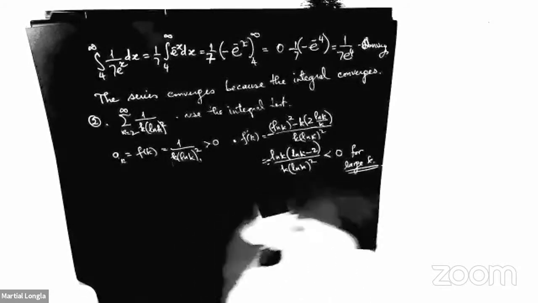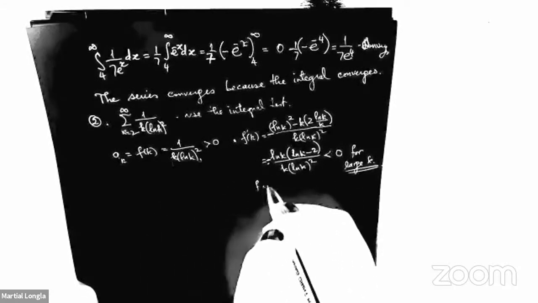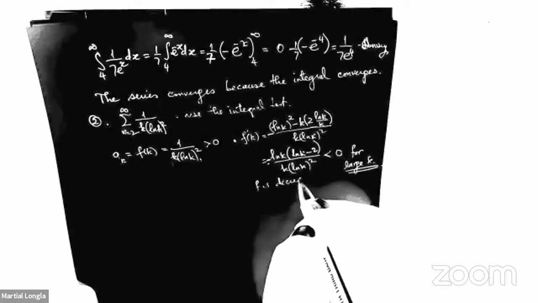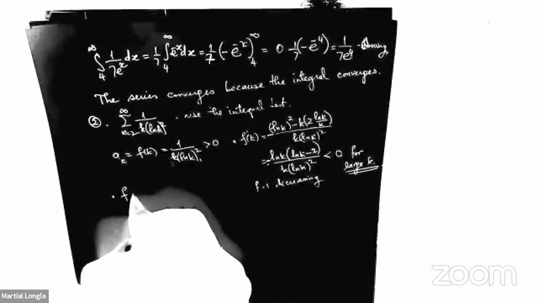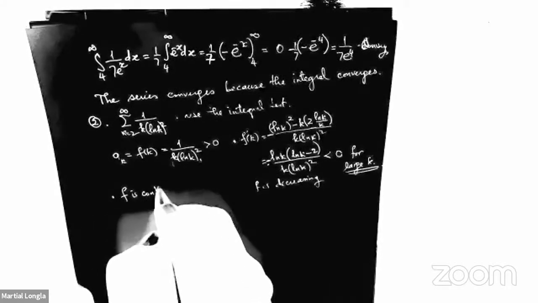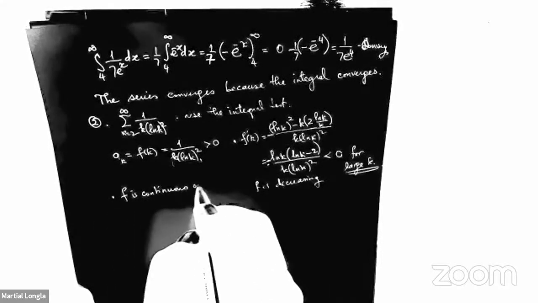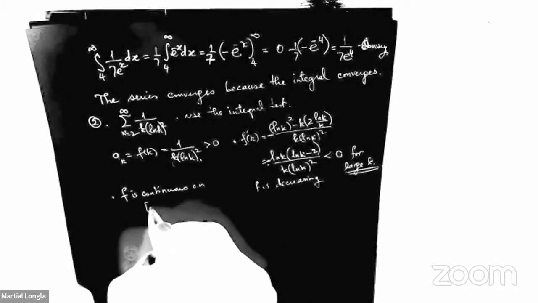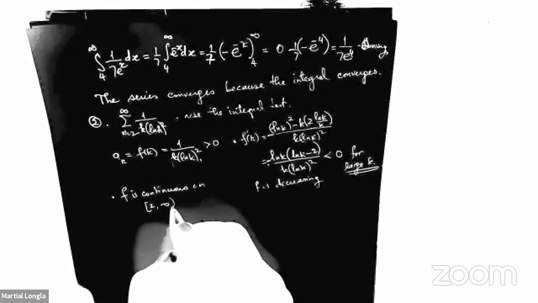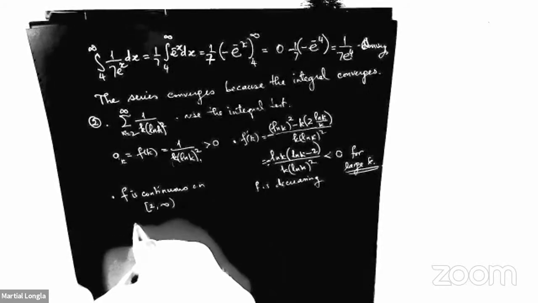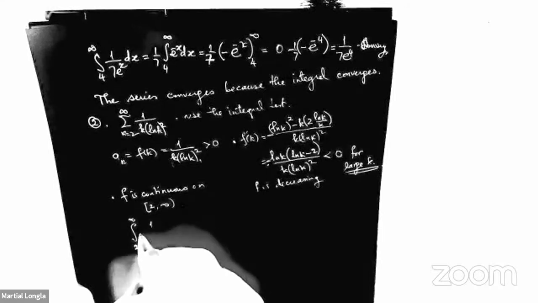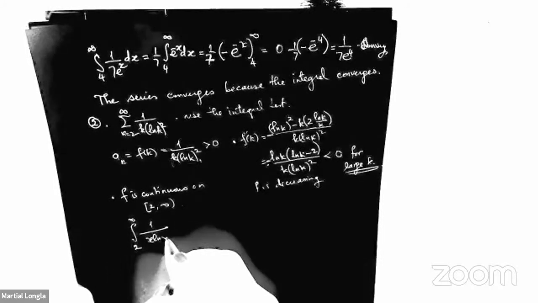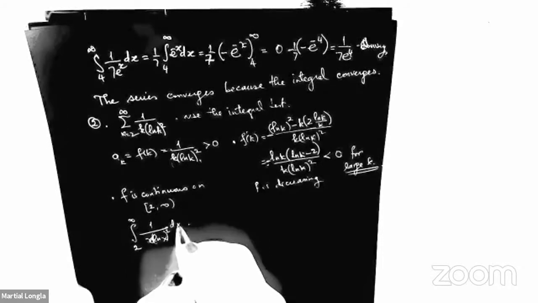So that means that f is decreasing. Moreover, f is continuous on the interval from 2 to infinity. So now you compute the integral from 2 to infinity of 1 over x ln of x squared dx.